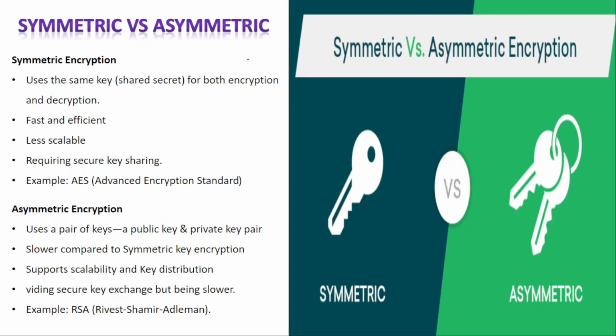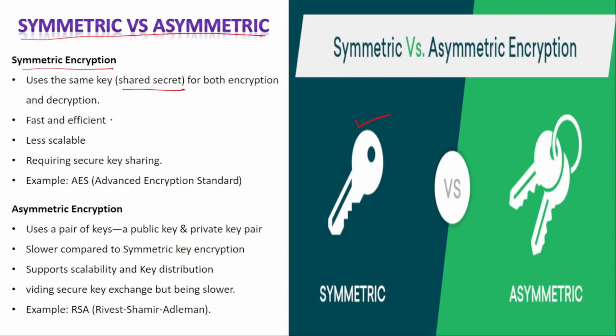Another important topic from the exam perspective is symmetric versus asymmetric algorithm or encryption. Symmetric encryption uses the same key, also known as the shared secret, for both encryption and decryption. What does this mean? This means that symmetric encryption uses only one key.